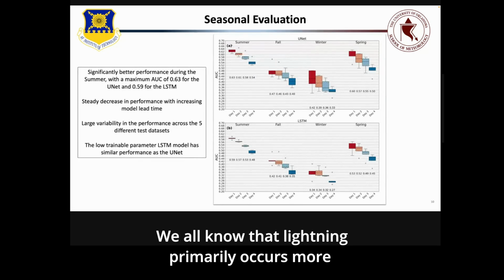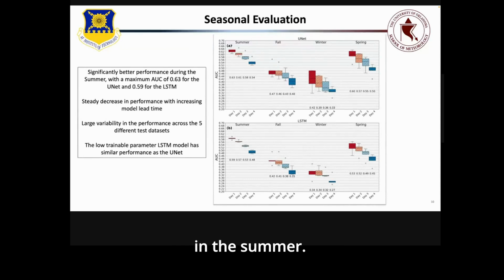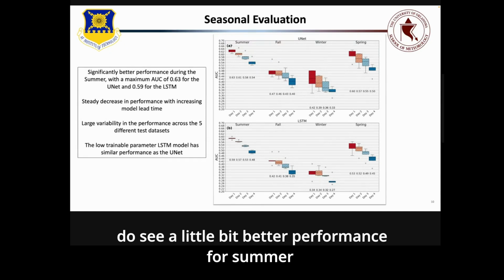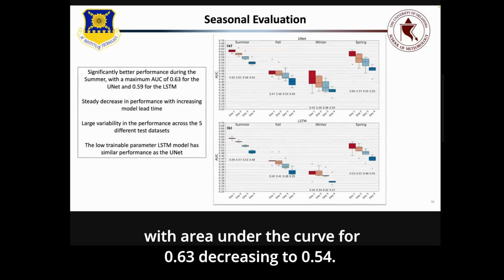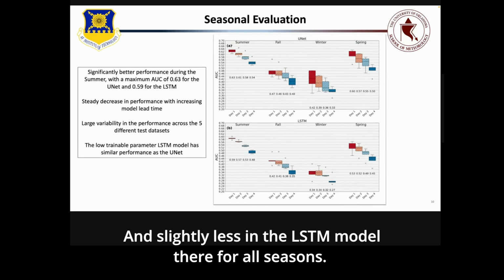We all know that lightning primarily occurs more in the summer. So if I break it out by season, I do see a little bit better performance for summer, with area under the curve of 0.63 decreasing to 0.54, and slightly less for the LSTM model there for all seasons.